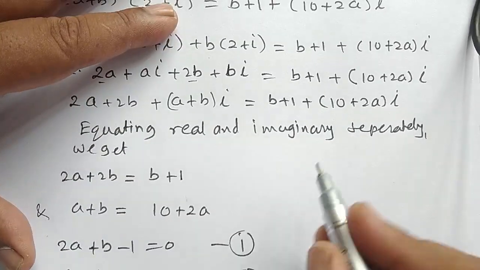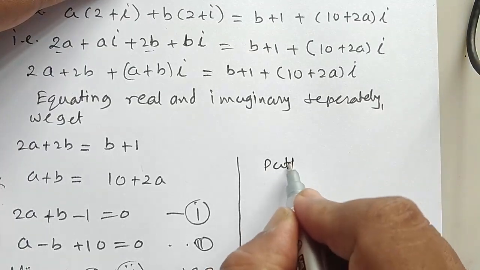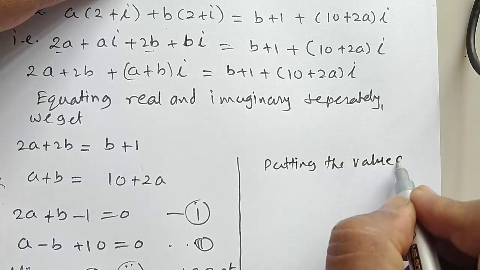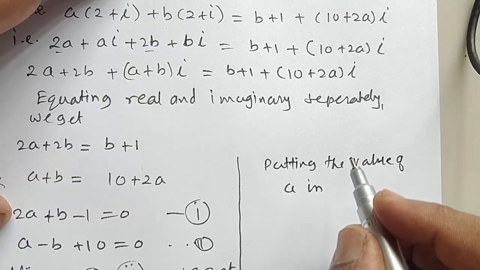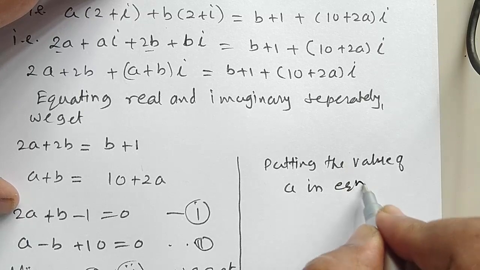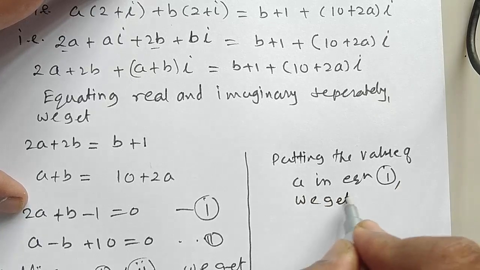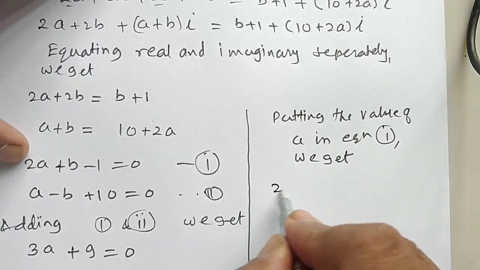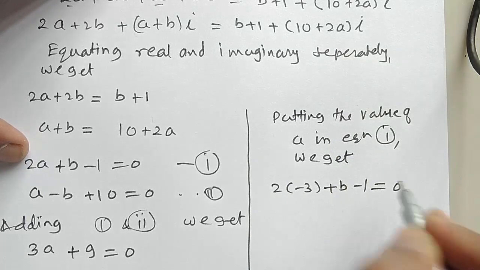Now, putting the value of a in any one of the equations, we take the first equation, equation 1. We get a is equal to minus 3, 2 into minus 3 plus b minus 1 is equal to 0.